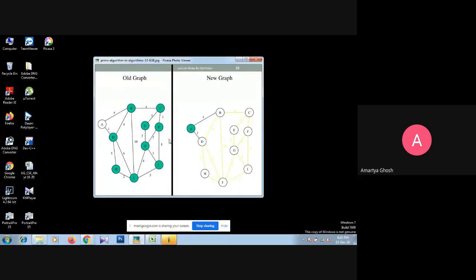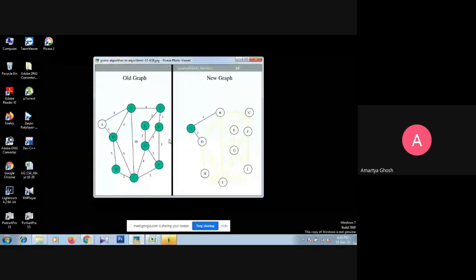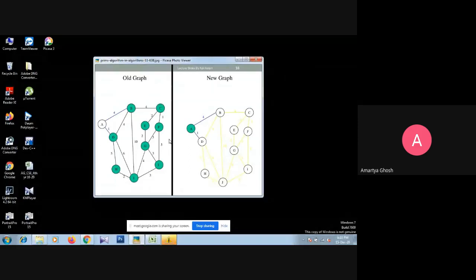Thereafter we have to think from A where we can reach. From A we can reach B and we can reach D. B and D are directly connected with A, and the AD weight is 1 and the AB weight is 4.